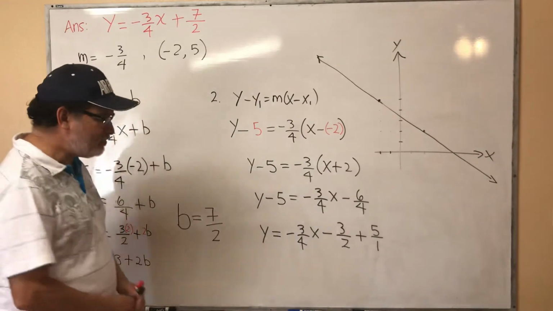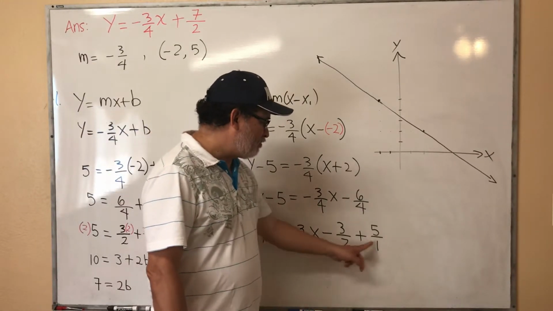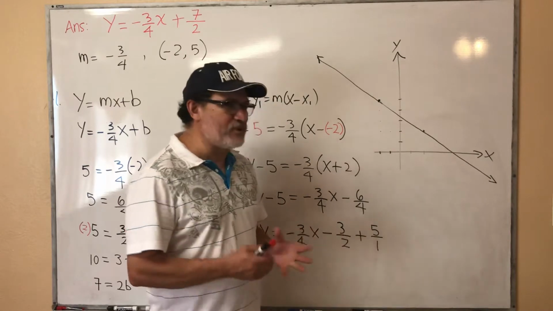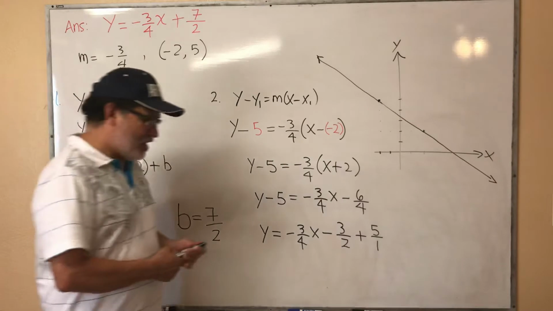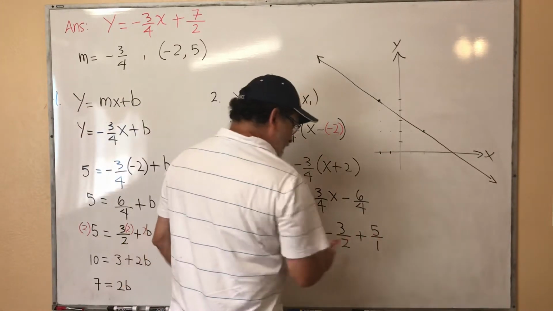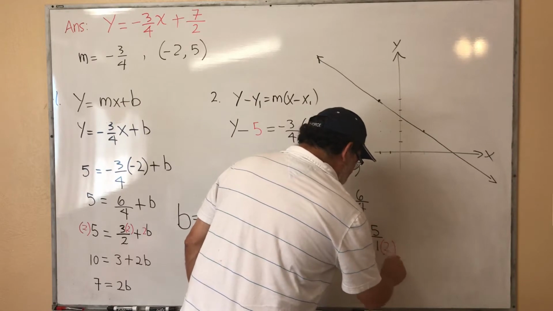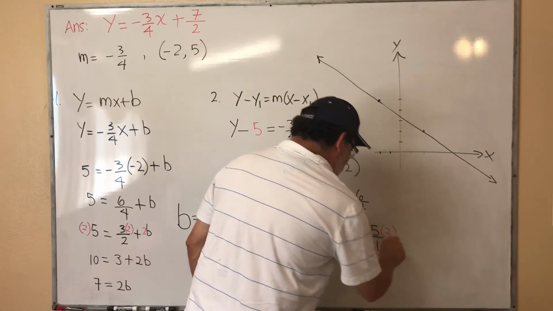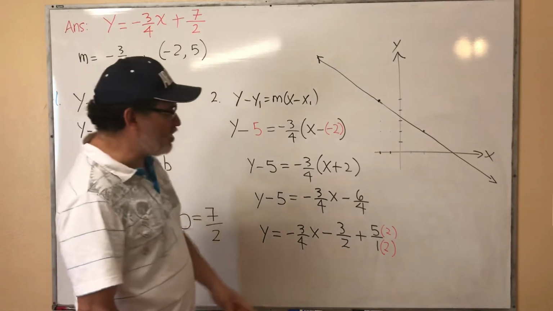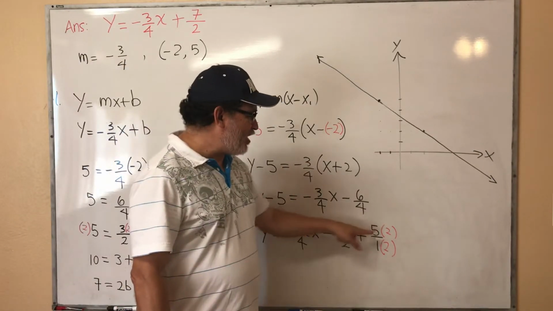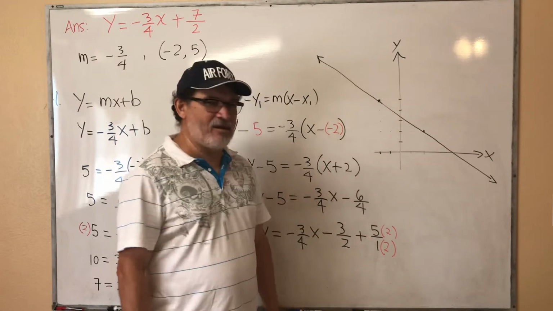Okay? And now I have to combine those two, because those two represent b. If I'm going to add those two, I better multiply this by 2 and by 2. Okay? And so now that's 10. And what is this 10 plus this negative 3?